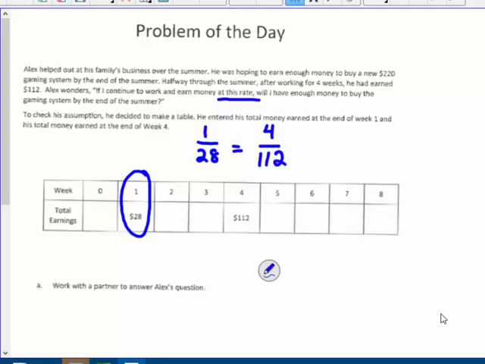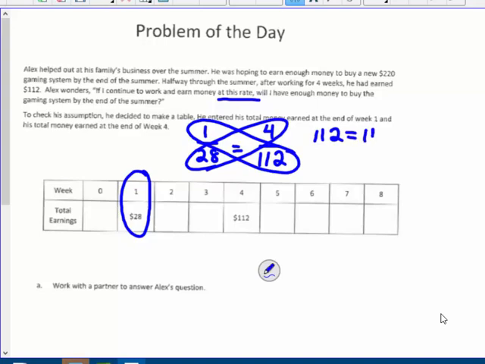Well, I could check it this way. I could set up a proportion and say, is he still earning $28 per week? So I could cross multiply, right? Product of the means, 28 times 4 is 112. Oh, yes. And 1 times 112 is 112. Another way I could do it is take 112 and divide it by 4.